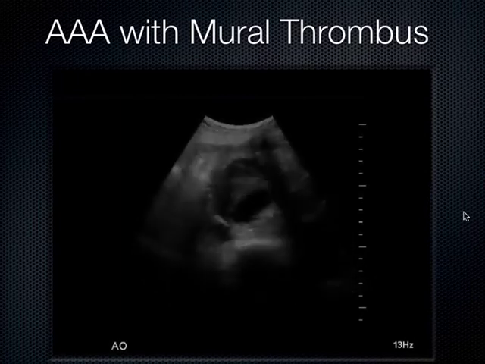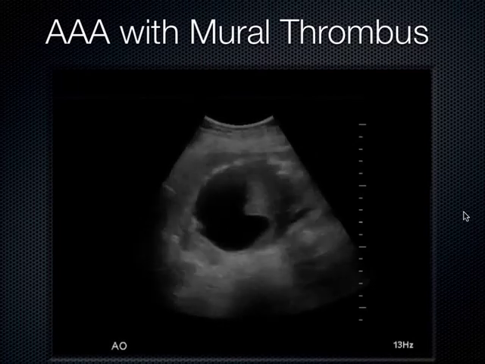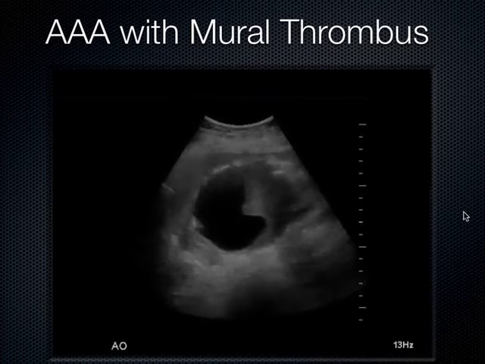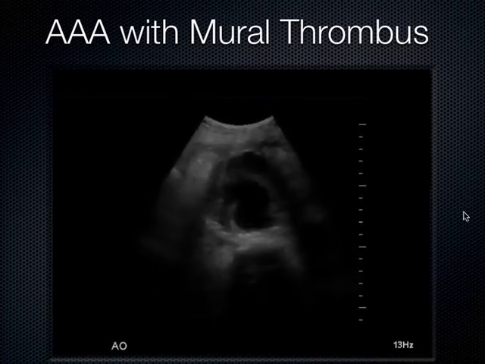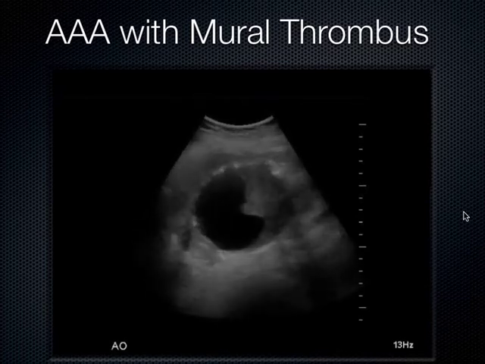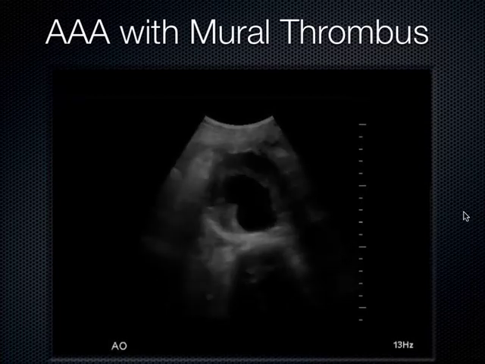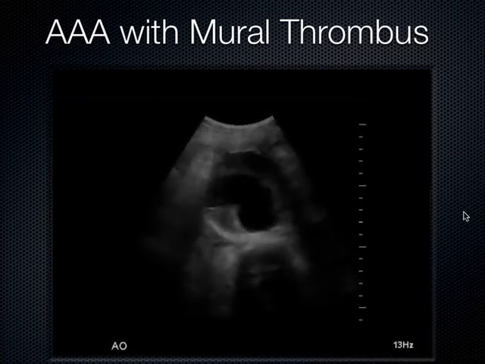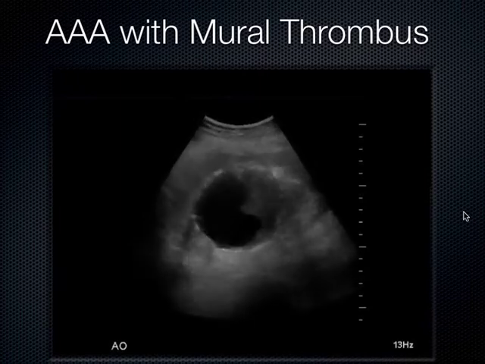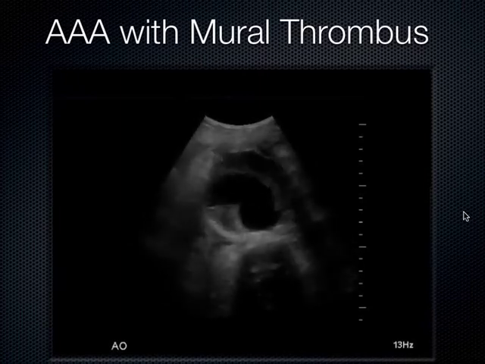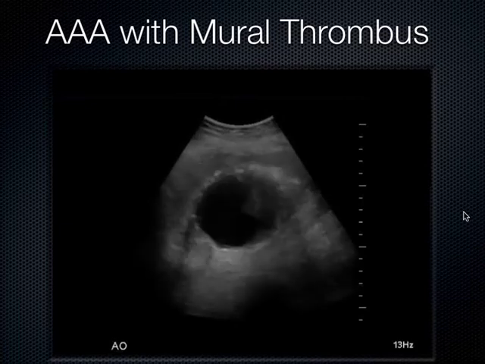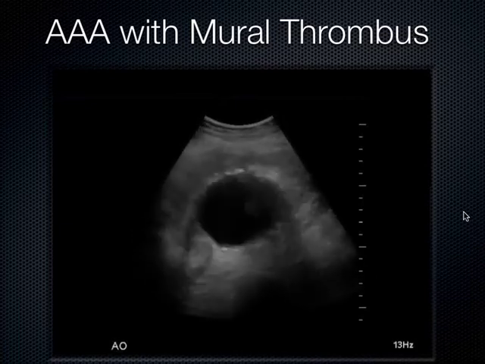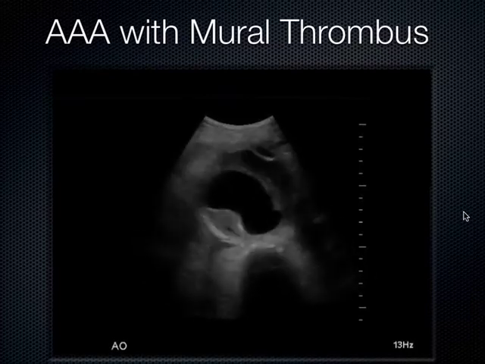As the true lumen of the aorta is pulsating, the mural thrombus is dampening the pulsatility and sometimes makes it difficult to palpate on a physical exam, which is why the physical exam has about a coin toss for sensitivity for picking up an abdominal aortic aneurysm. Even one this large, about 8, 9, 10 centimeters, because of all that mural thrombus, that dampens the pulsatility, making it difficult to pick up on physical exam.